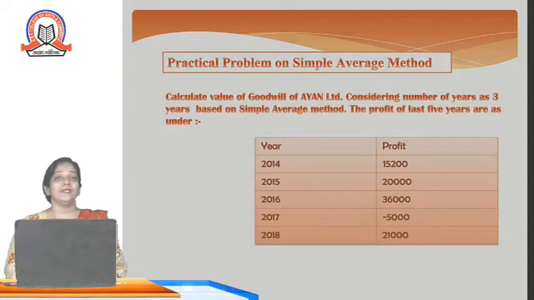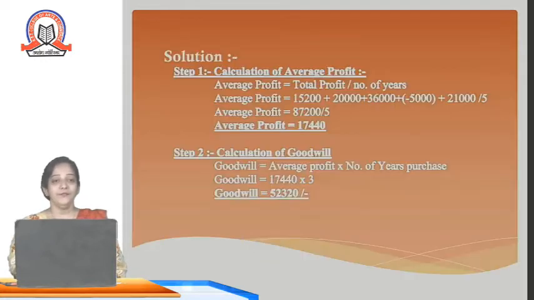As you can see in the table, 5 years' profits are given, and in 2017 the company is incurring a loss of 5,000. So while calculating the average profit, this loss will be subtracted from the total profit. Now we'll go to the solution for this particular question.